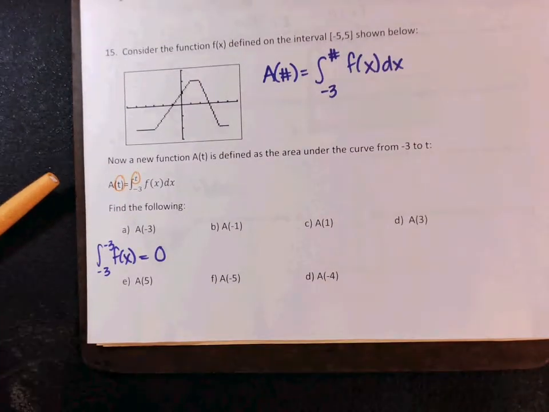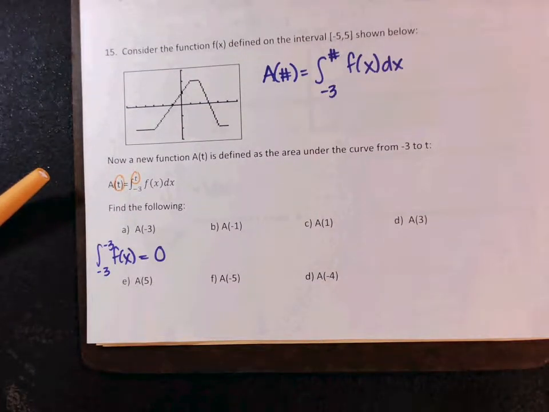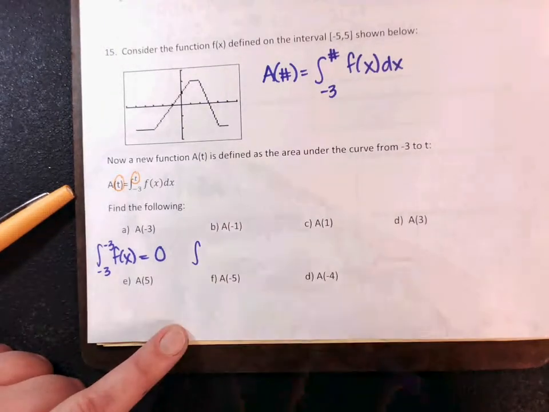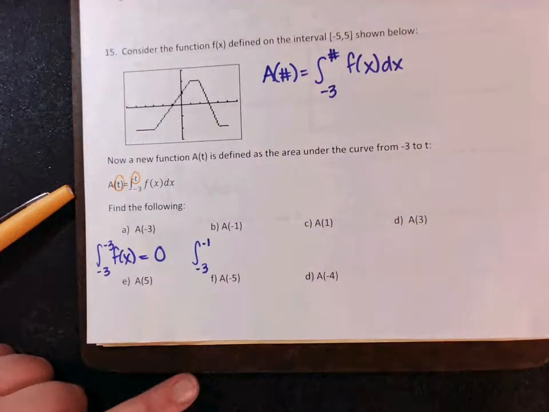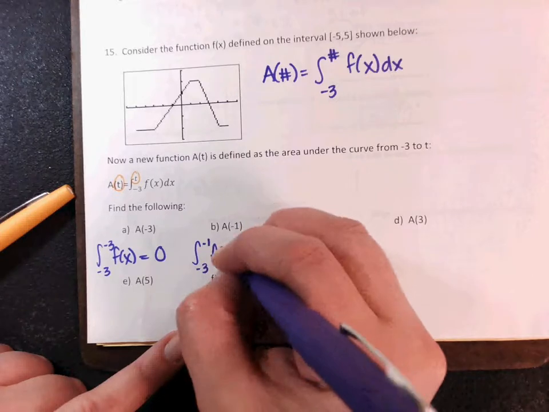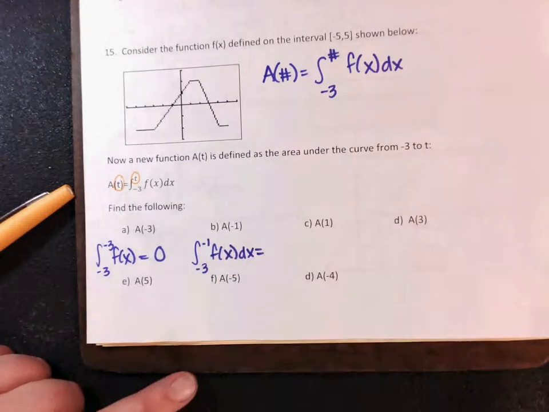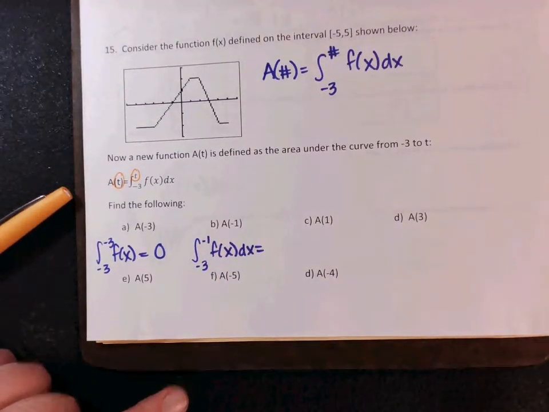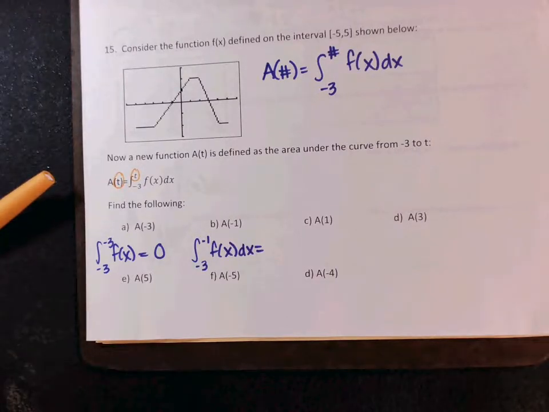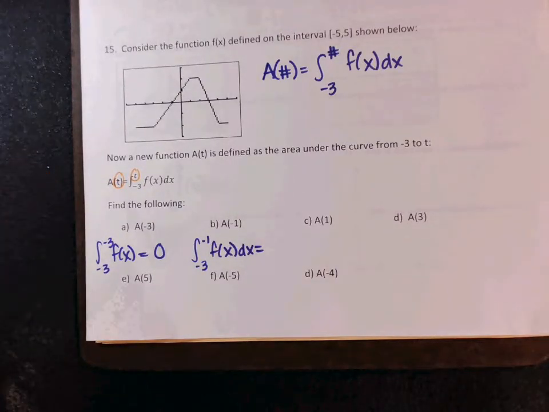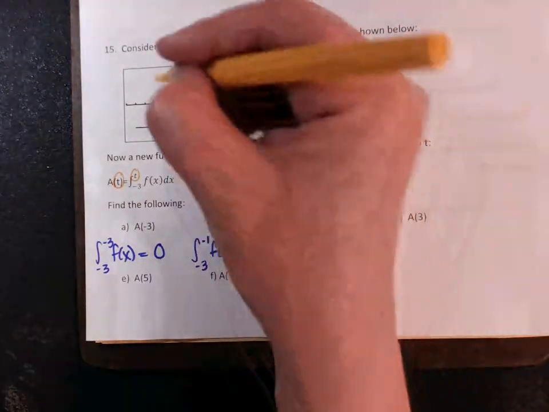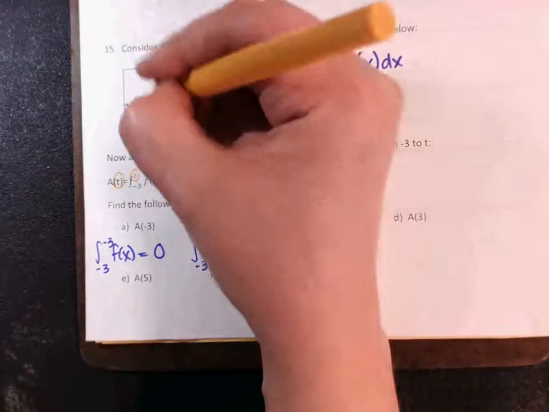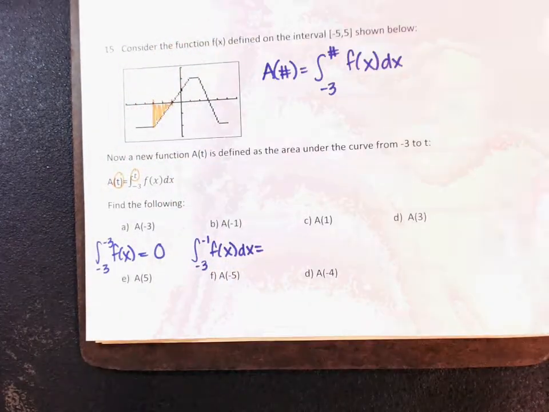Now I'm going to help you with B, and then I'm going to give you time to finish. If I want a of negative 1, that's the integral from where? Negative 3 till negative 1. They're not giving you an option for the bottom part, but they're having you change the top part. Looking at my graph, negative 3 is here, and I'm going to shade all the way until negative 1, which is here.